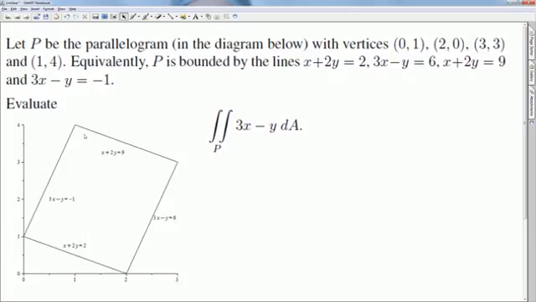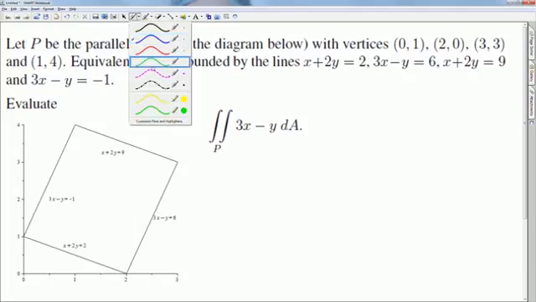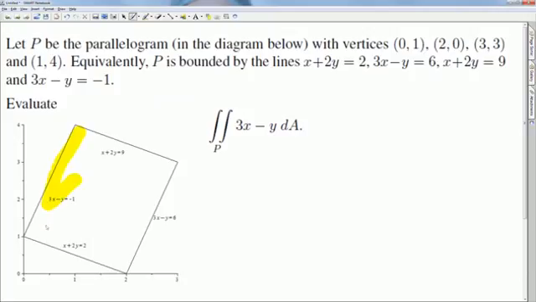So what we've got is a parallelogram. I've got a picture over here. It's a parallelogram which has got some vertices, 4 different vertices, and given the vertices, you can work out the equation for the line.